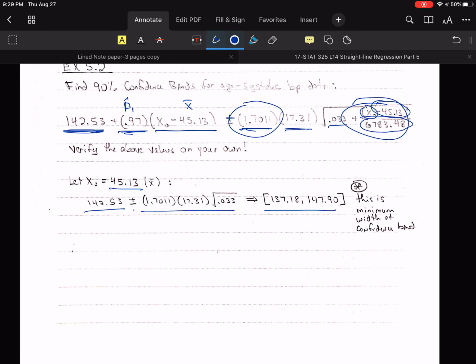So the width, if this is x bar, and this is our line, our confidence bands are going to do something like this. I need the minimum point to be here, let's say, closest to the line, and then it comes on out. And then again, here, it would come on out like that. So it's the narrowest at x bar.